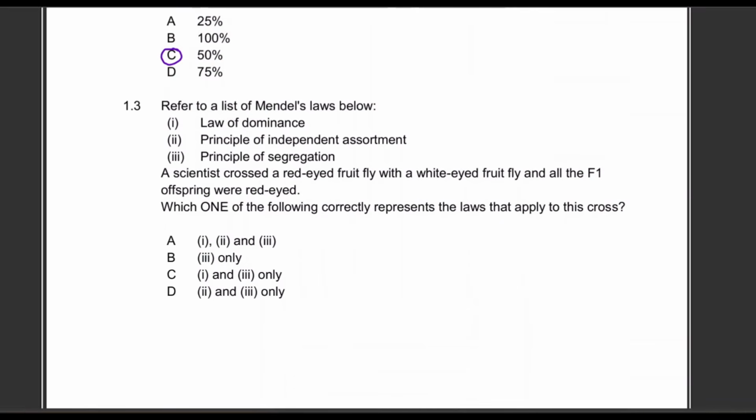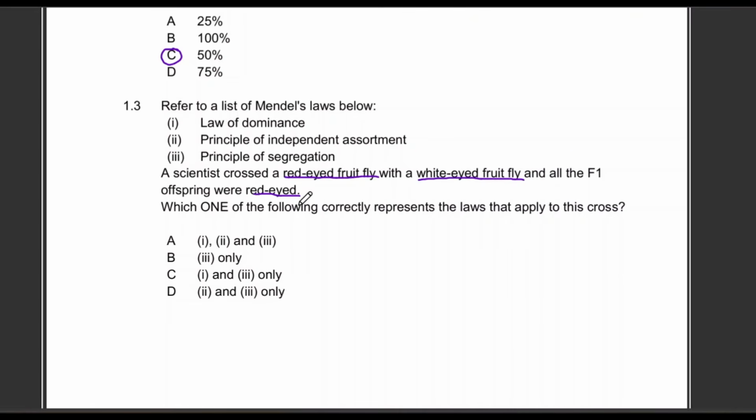Refer to a list of Mendel's laws below: law of dominance, principle of independent assortment, principle of segregation. A scientist crossed a red-eyed fruit fly with a white-eyed fruit fly, and all the F1 offspring were red-eyed.